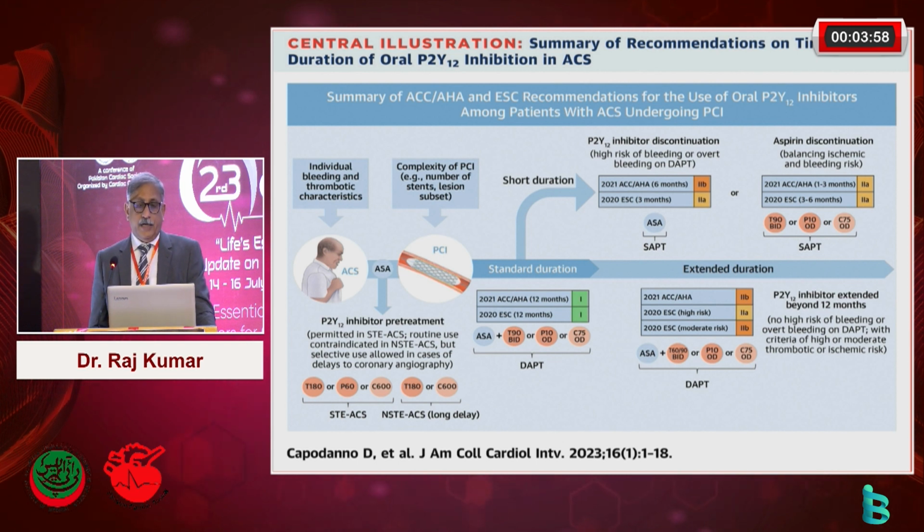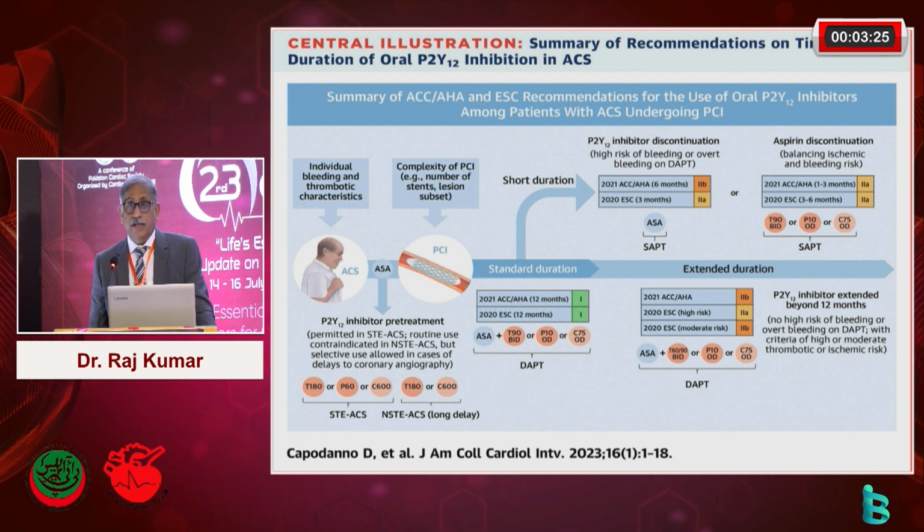For a shorter duration, especially in those patients who are at high risk for bleeding or have overt bleeding on DAPT, the 2021 American College of Cardiology says it's a 2B, whereas ESC says 3 months, which is a 2A. And in patients balancing ischemic and bleeding risk, we may discontinue the aspirin and use ticagrelor, prasugrel, or clopidogrel.